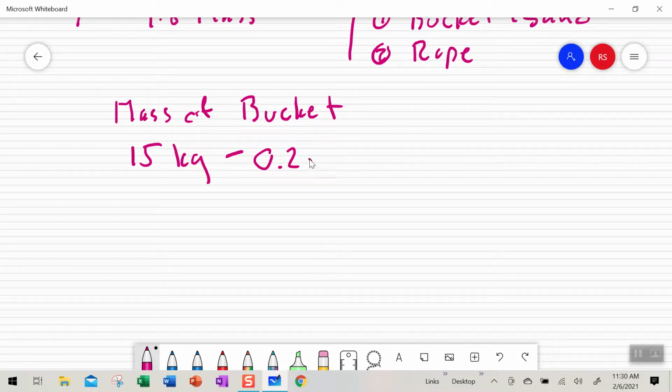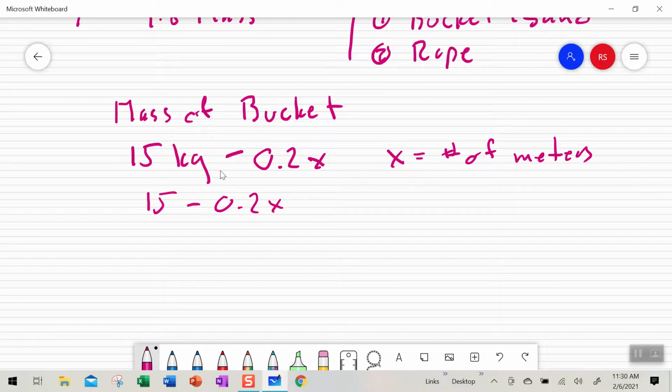If we let x be equal to the number of meters, then when we have pulled it up 1 meter, it has leaked 0.2. When we've pulled it up 2 meters, it has leaked 2 times 0.2. So here is our expression, 15 minus 0.2x, is our expression for the mass of the bucket.